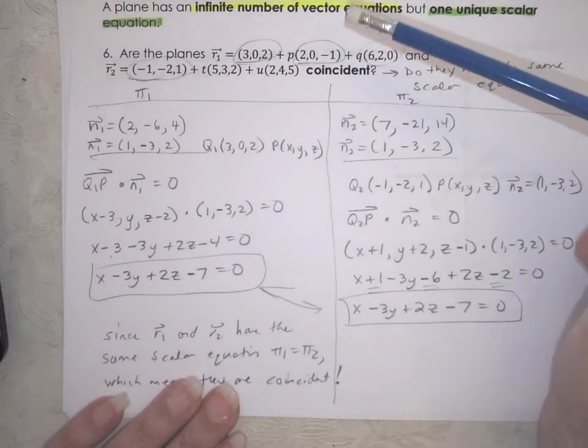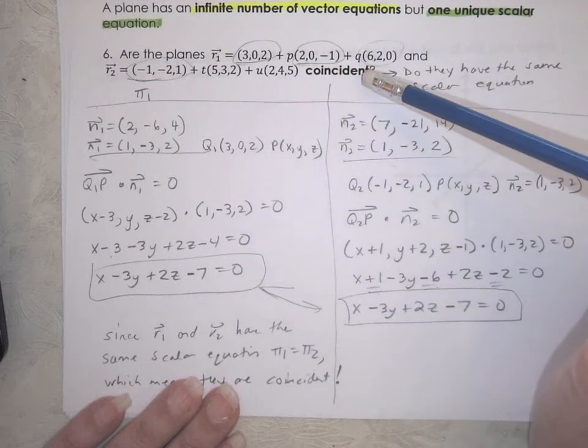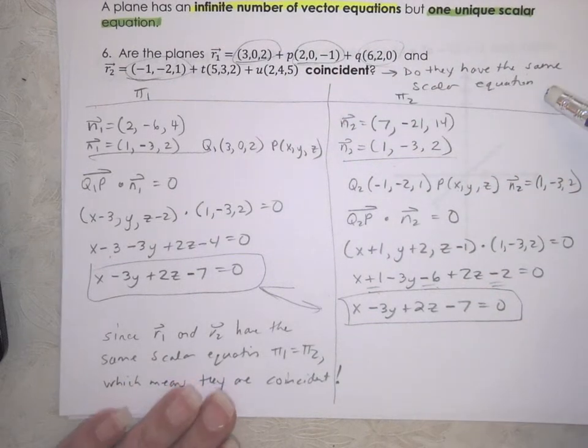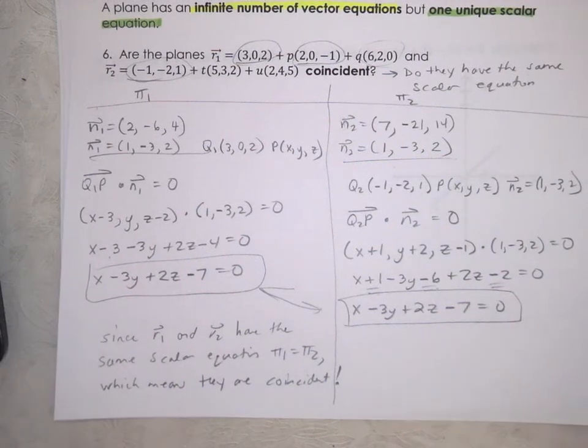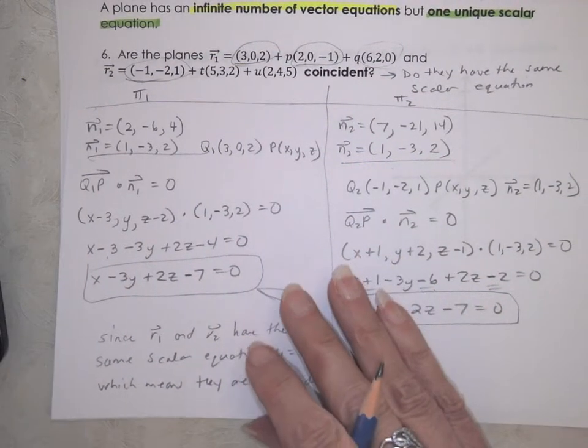Okay, so we were given the vector equation of two different planes. Are they coincident? Our strategy was to find the scalar equation of each plane. If they have the same scalar equation, then they're the same plane, which means they're coincident.